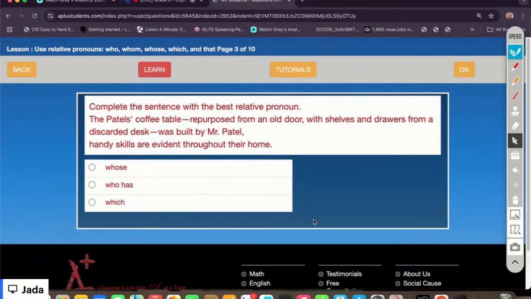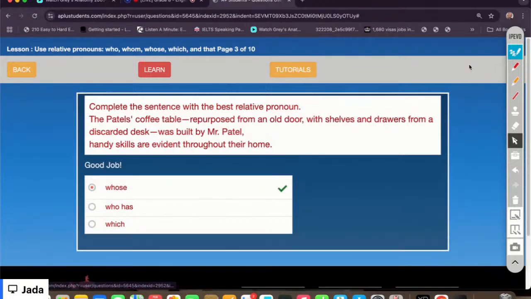What do you think is the right one here? So whose handy skills are evident throughout their home?